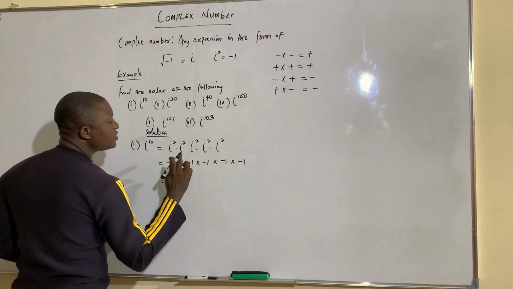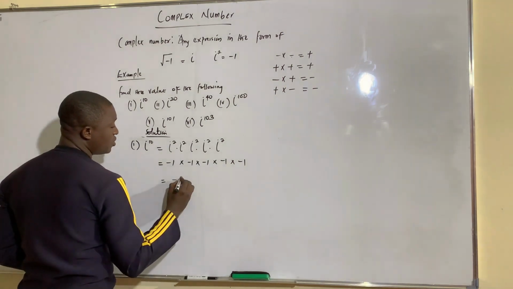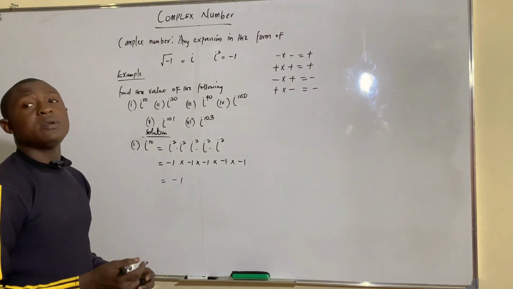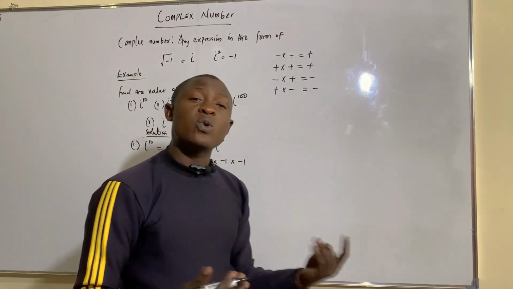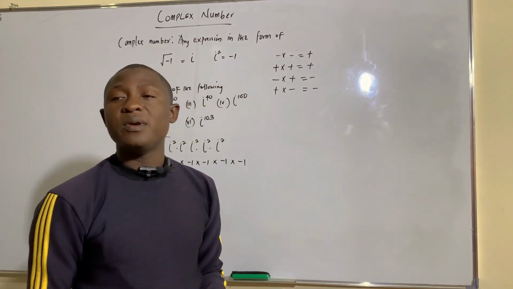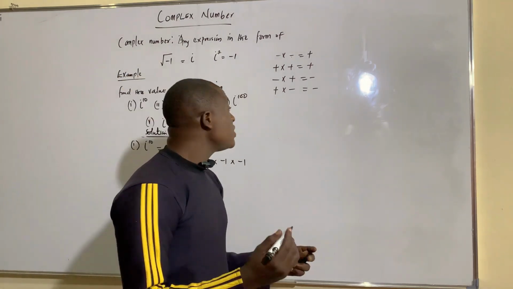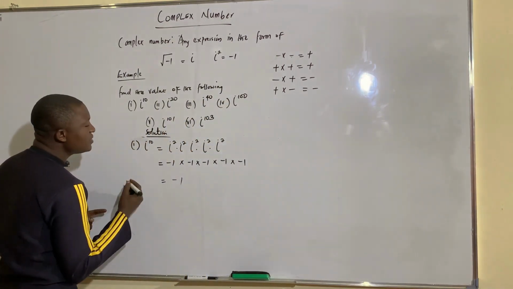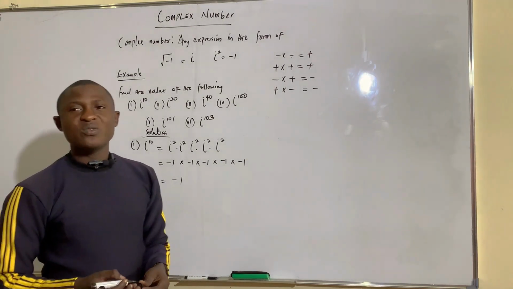Now, 1 multiplied by 1, multiplied by 1, multiplied by 1, multiplied by 1. If you multiply 1, even 1 million times, of course, you're still going to have 1. Let's say we write 1 raised to the power of 1 million. Of course, our result is still going to be 1. So that means I raised to the power of 10 is the same thing as minus 1.